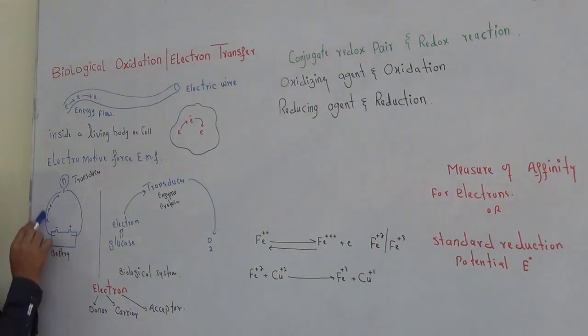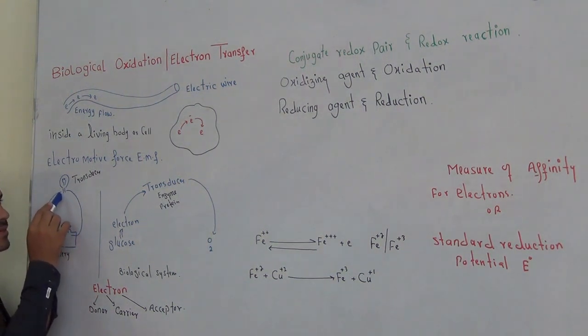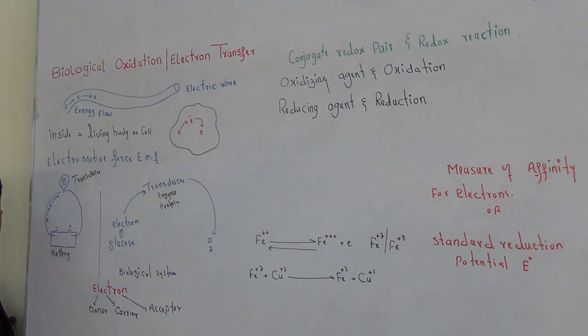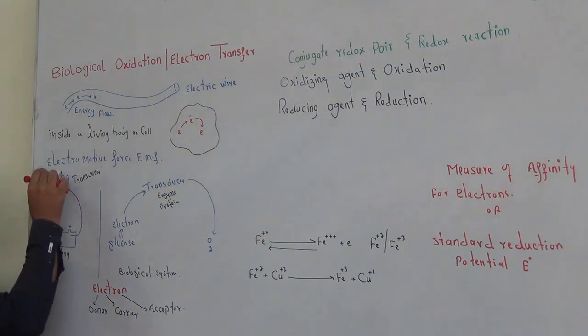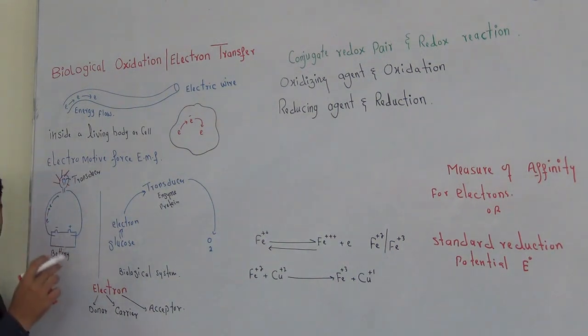When the electrons reach the bulb, the energy of the electrons, which we call the electrical energy or current energy, will be converted into light energy, and some of the energy will be converted into heat as well.